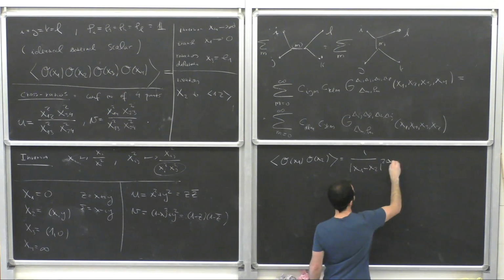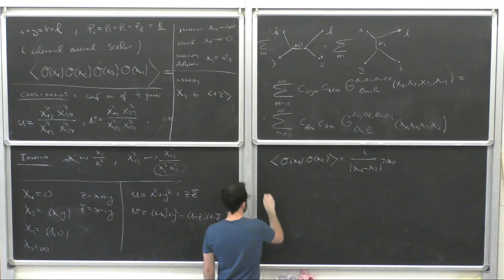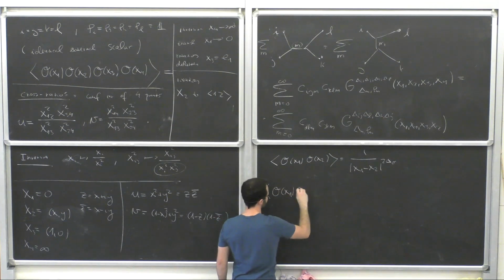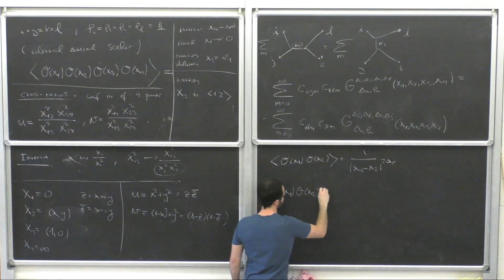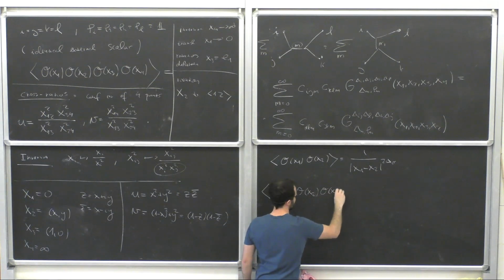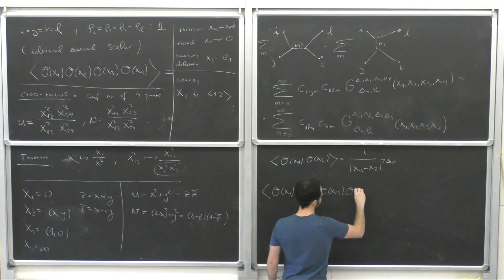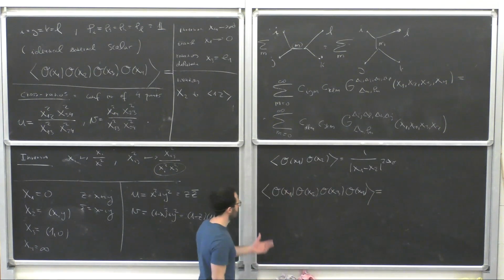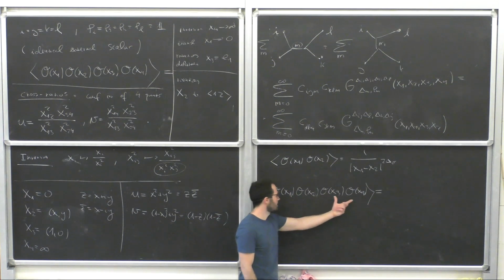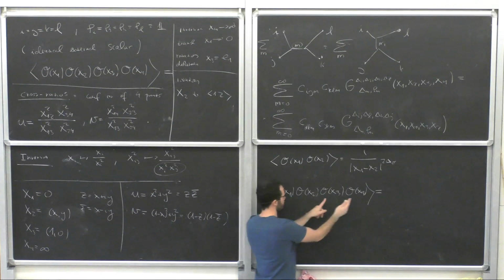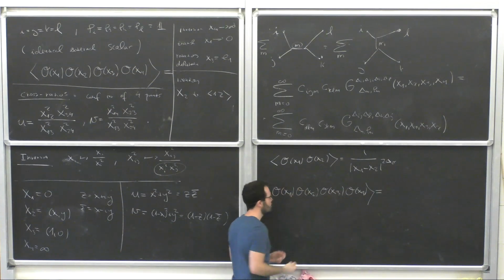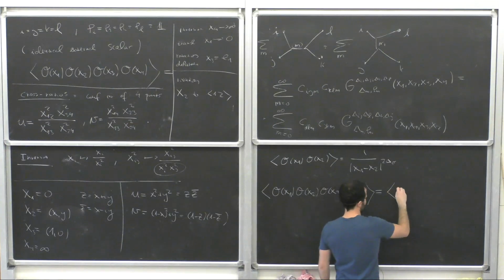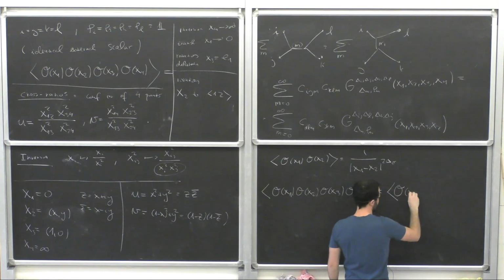It's 1 over x squared to the power 2 delta O. So we can write the 4-point function as a product of two 2-point functions, and we can pick any pair, this one, or this one, whichever you want. So let's pick 1, 3, and 2, 4.